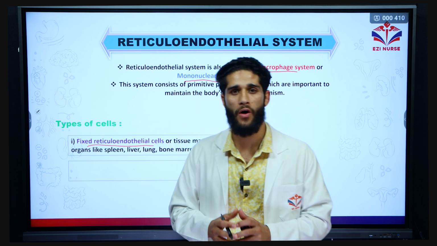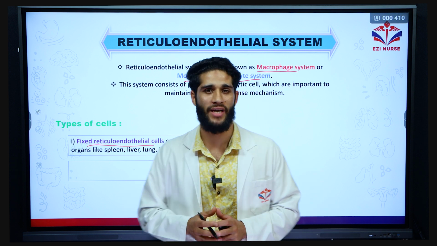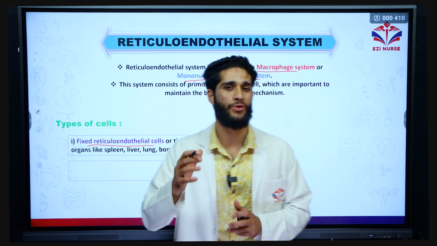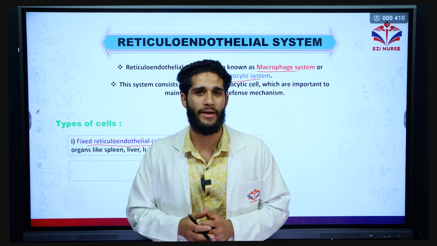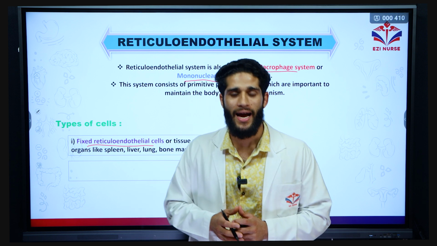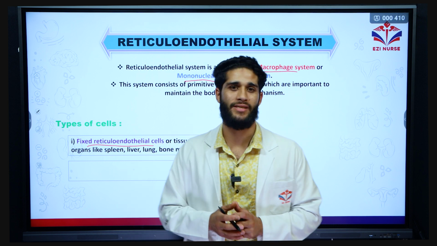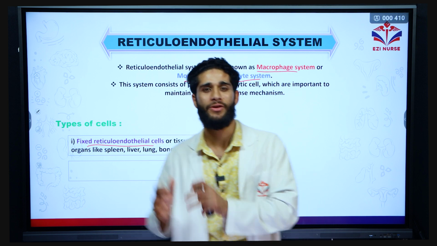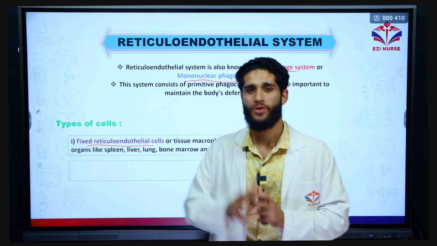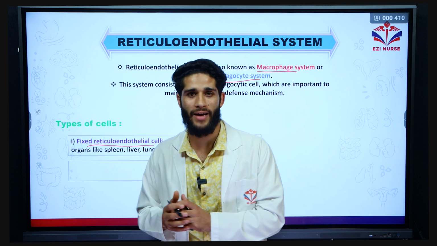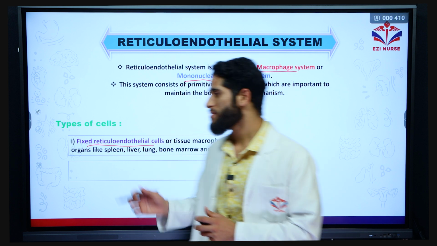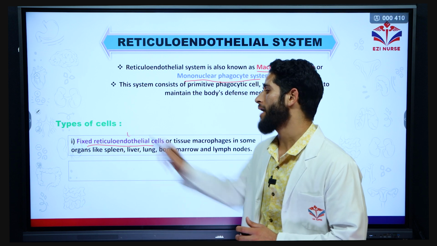They have to safeguard and defend that particular location, as we have seen the border security force, which is always allocated on the border areas, and they cannot move into the inner cities or the inner matters of the state. They have to always protect the country from the border side. Same is the case with the fixed reticuloendothelial cells.